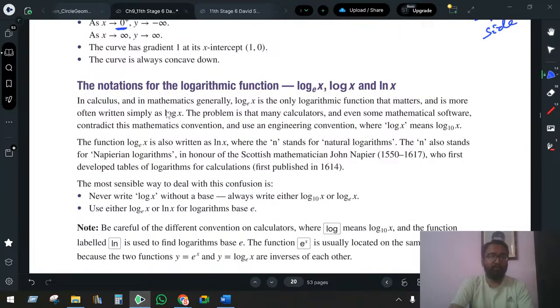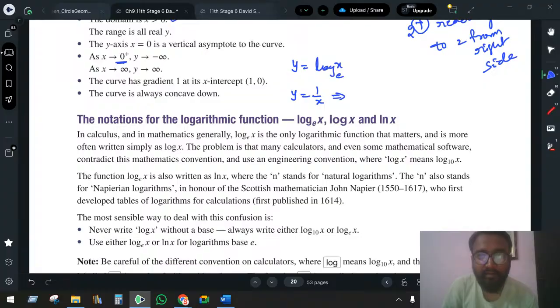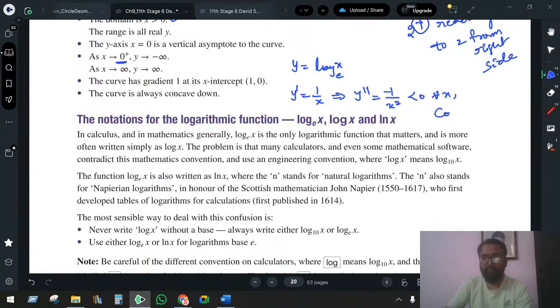Because y equals log x base e, you know the derivative of log x is 1 upon x, and y double dash equals minus 1 upon x square. This is always negative. When y double dash is negative, it is always concave down for all x. So therefore, concave down for all x greater than 0.